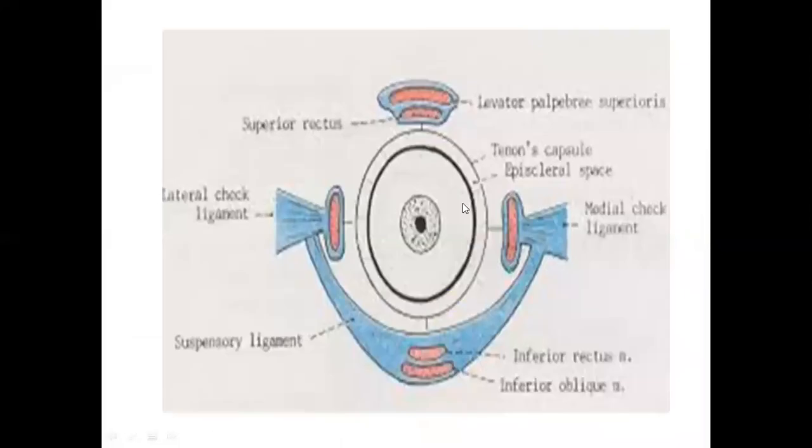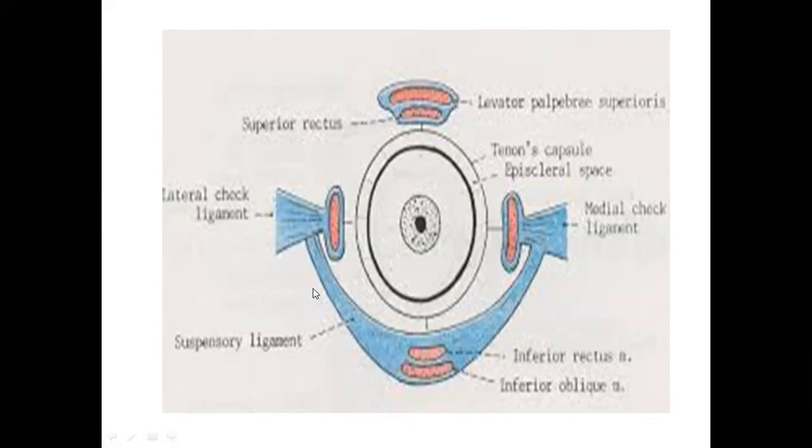And the third one is the suspensory ligament of the eyeball or suspensory ligament of Lockwood. This is the Tennant's capsule covering the eyeball. The lower part of this Tennant's capsule gets thickened and forms the suspensory ligament, which is formed by the union of the margin of the sheath of inferior rectus and the inferior oblique with the medial and lateral check ligament.